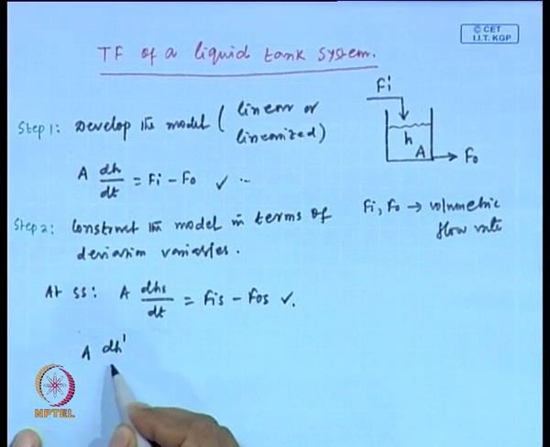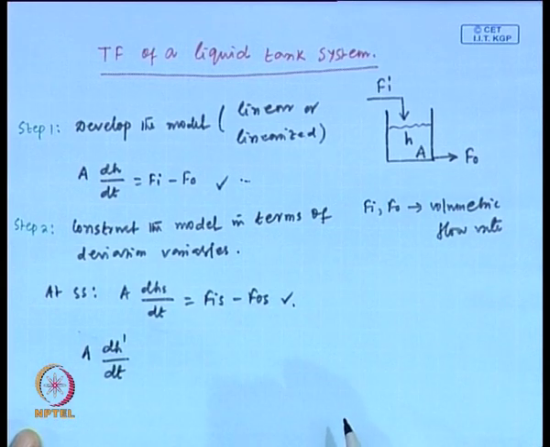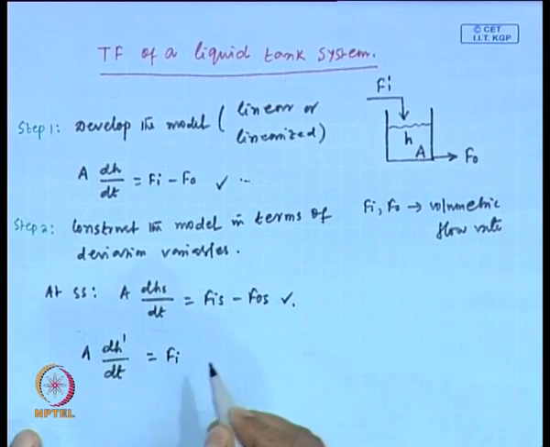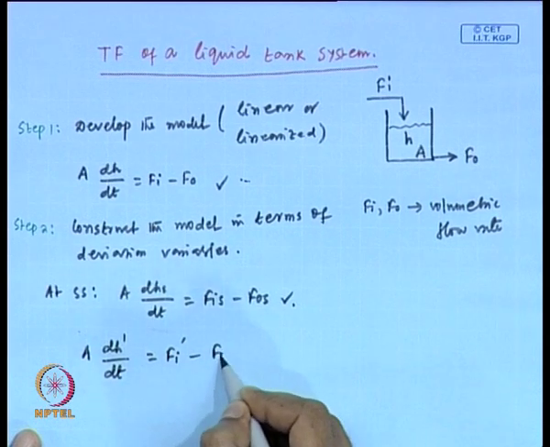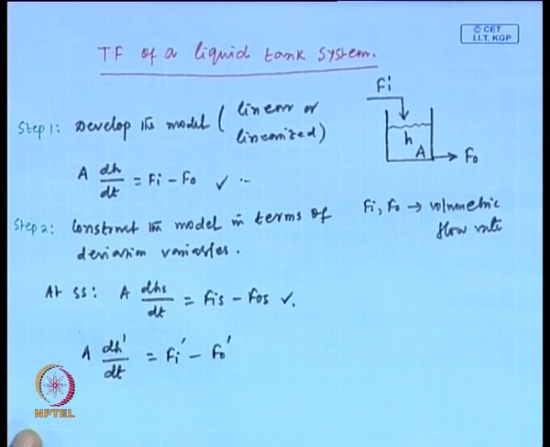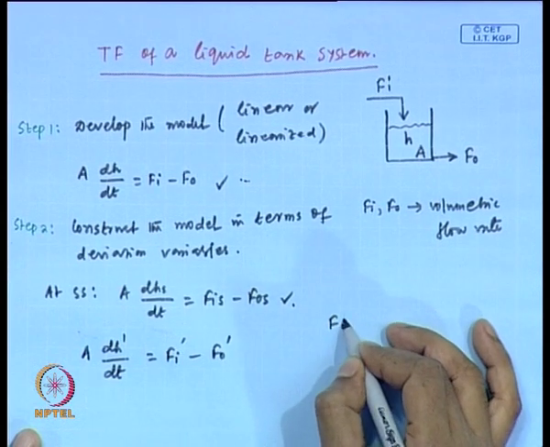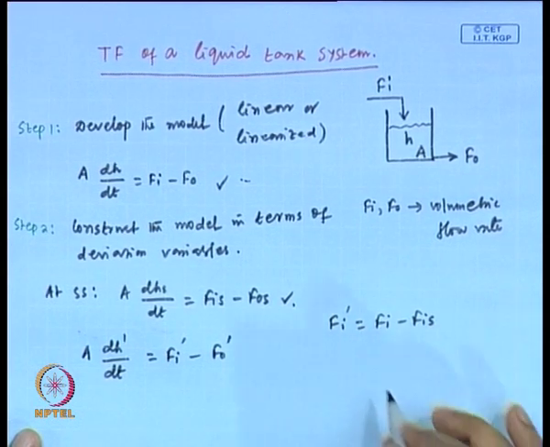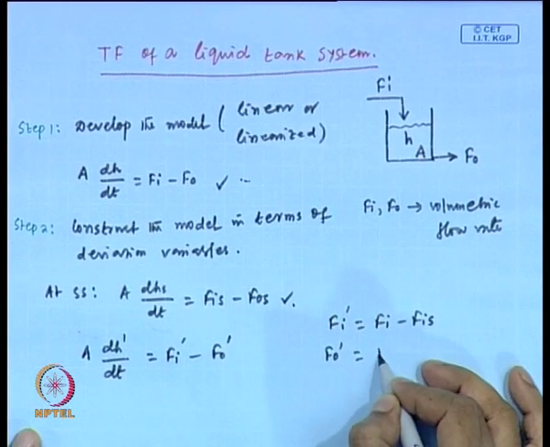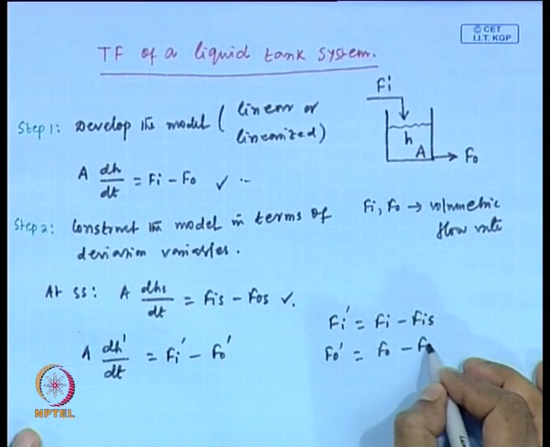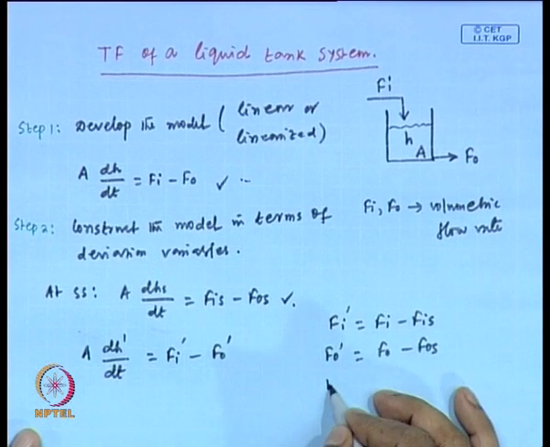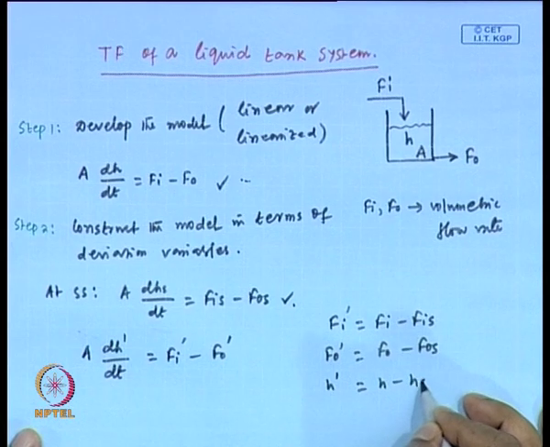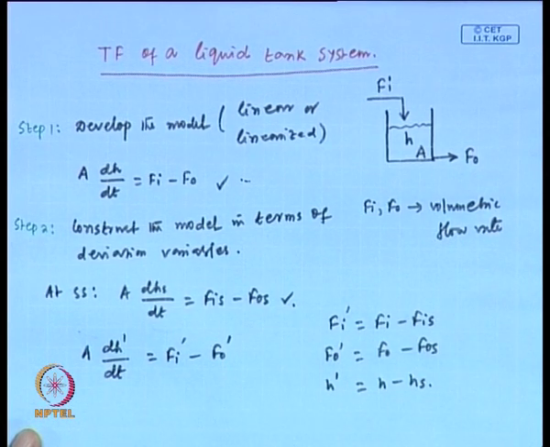So, the model in terms of deviation variables has this form: A dh'/dt equals f_I' minus f_0', where f_I' is f_I minus f_Is, f_0' is f_0 minus f_0s, and h' is h minus h_s.